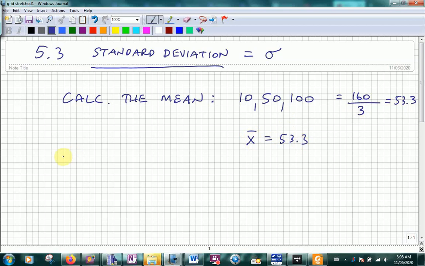So what is standard deviation? I'll show you that in a sec, but I wanted to do this part first, because our calculator will also calculate the mean for us too. Standard deviation.